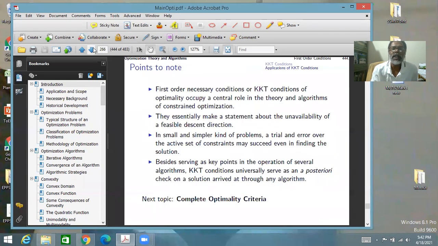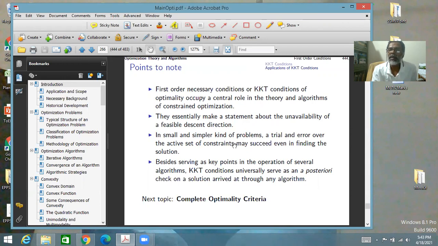So in summary, we can tell these things. First, the KKT conditions of nonlinear optimization occupy a very central role in the theory as well as algorithms of such problems. And the conditions we get by basically checking through the detailed implications of an absence of a feasible descent direction from the point.